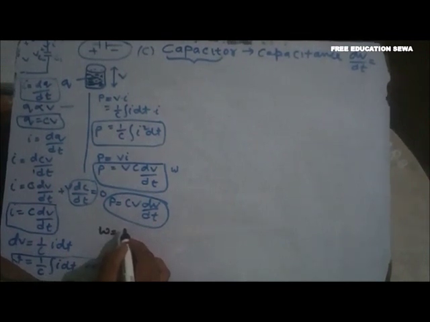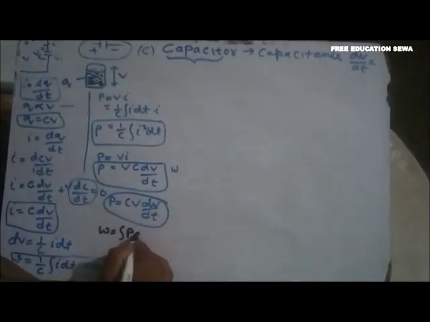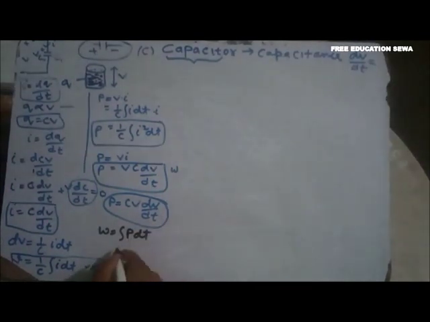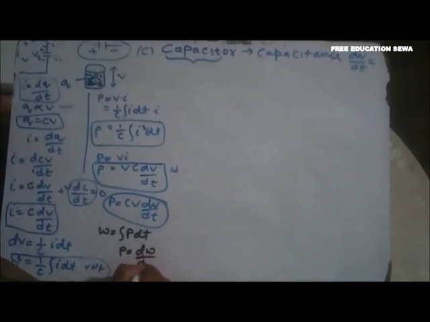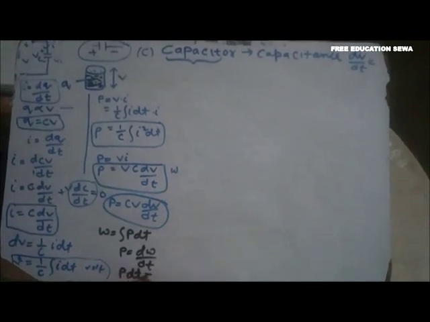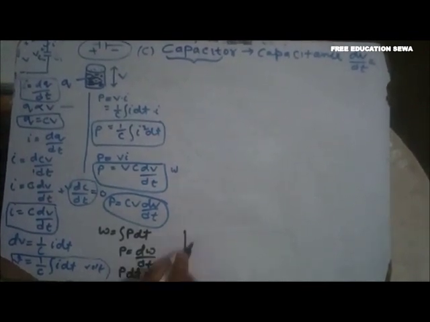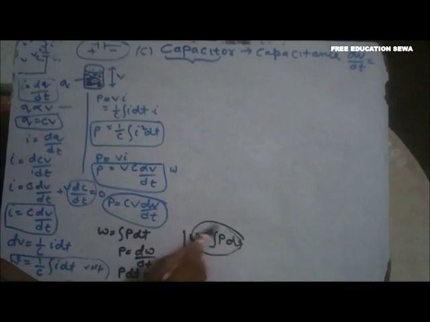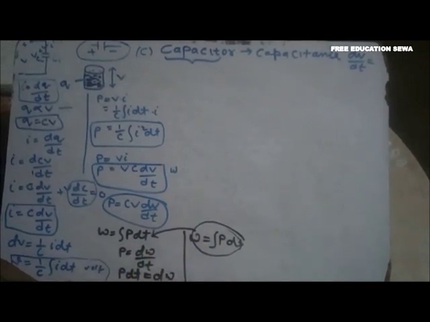If you want to calculate the work done, that is integration of P dt. Power is nothing but the rate of doing work, and work done equals integration of P dt. Yes, this is where it came from.